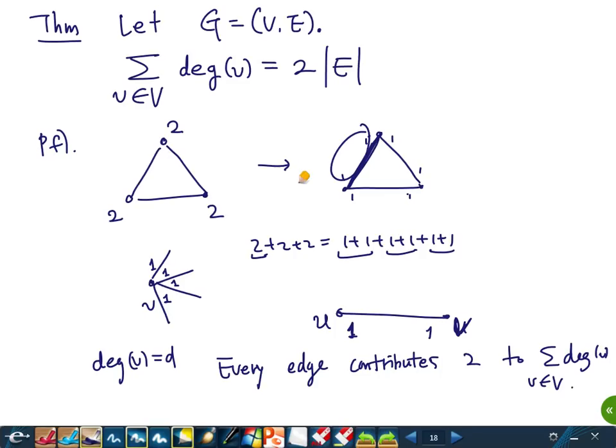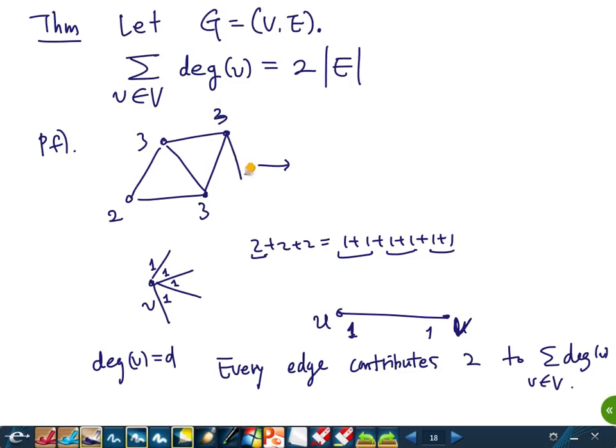Or maybe this is too simple an example, so let me do this one more time. What is the degree now of this graph? The degrees are 3, 3, and 2. Maybe just one more, like 1.